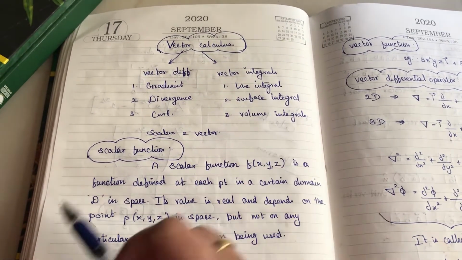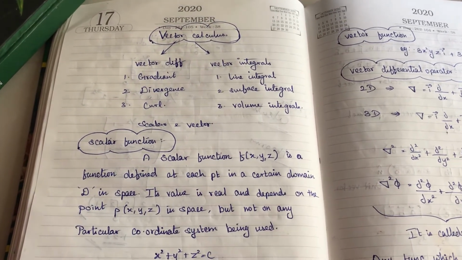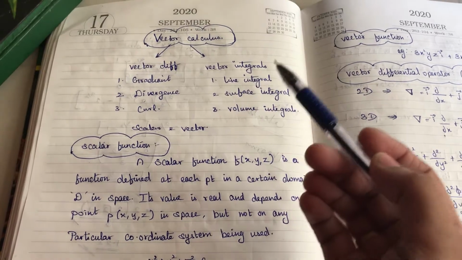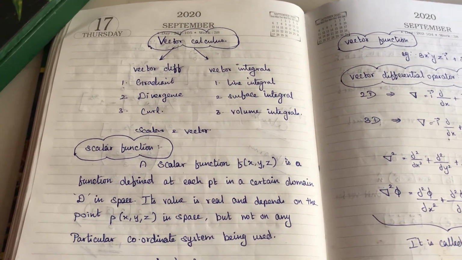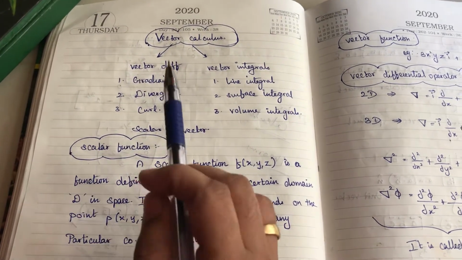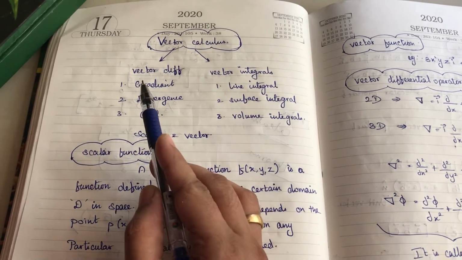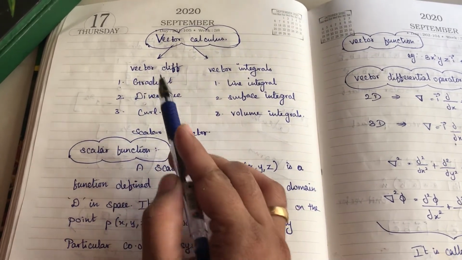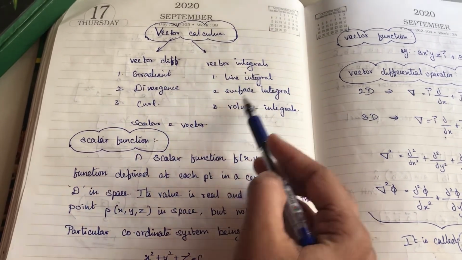This vector calculus is a short topic, but it has more important things which will definitely come to your exams. Vector calculus has two divisions: vector differentiation and vector integration.